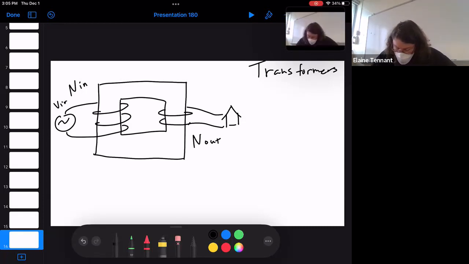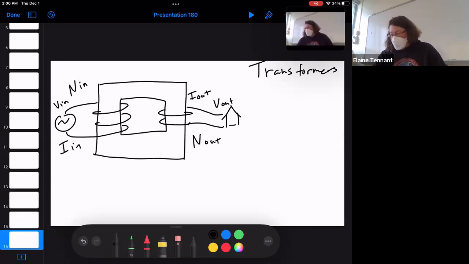I also have a voltage going in and a voltage going out. And of course, I have a current going in and a current going out.